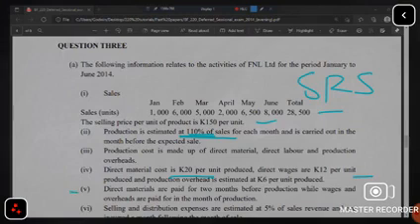Direct materials are paid for 2 months before production, while wages and overheads are paid for in the month of production. Remember that production starts in December. So whatsoever we're producing in December, we're going to multiply by 12 for direct wages, and 6 for overheads respectively. But for direct materials, they've said 2 months before production.